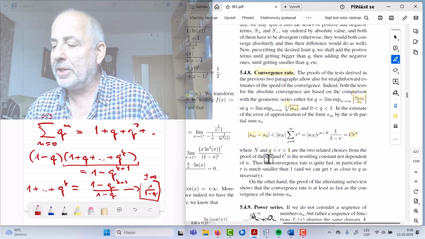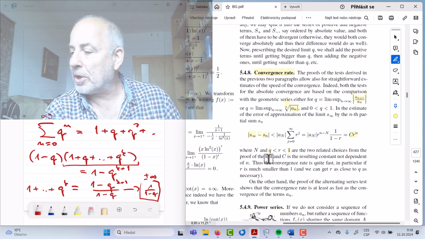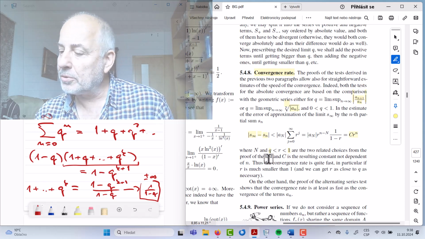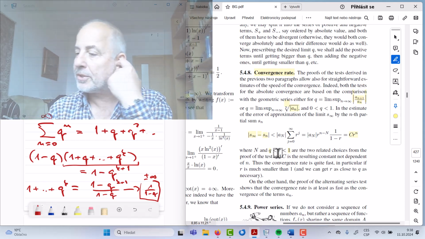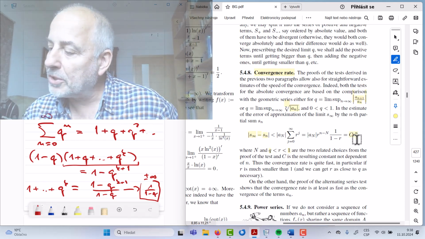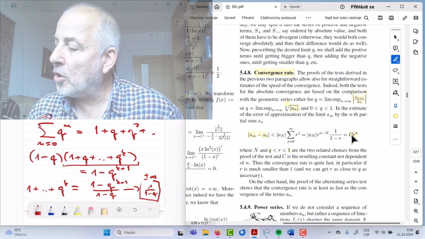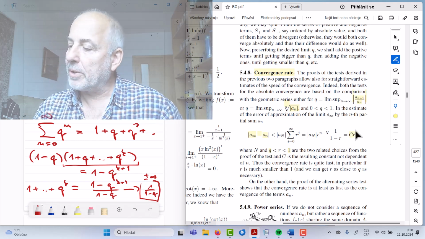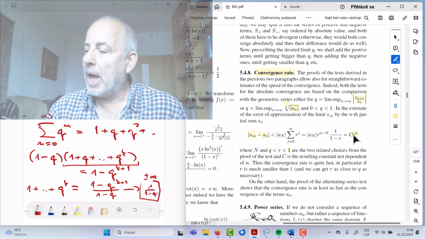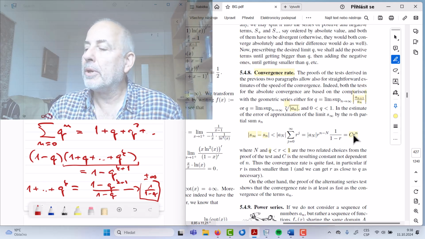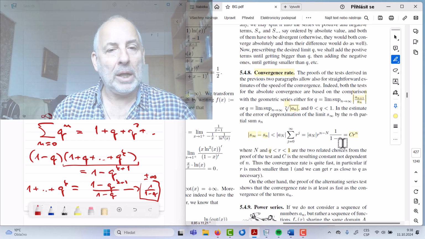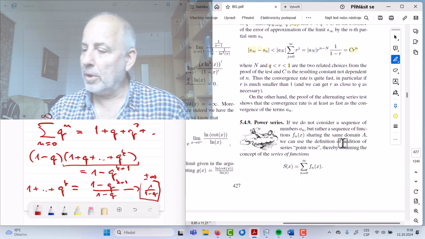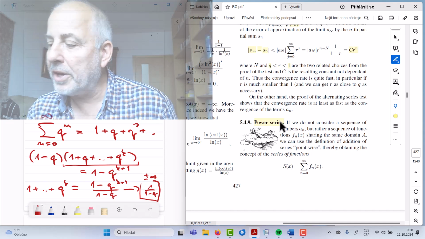Therefore you need q to be strictly smaller than 1, so that you can find some r in between q and 1, and then you get such an estimate. So you see it's a pretty good rate of convergence. Well, and the next task will be in another video.